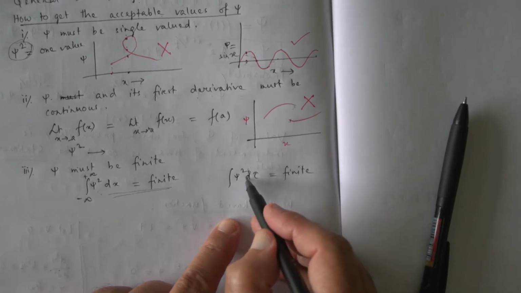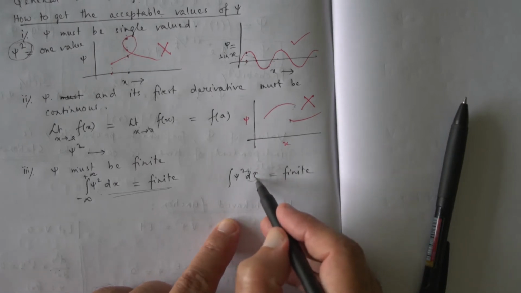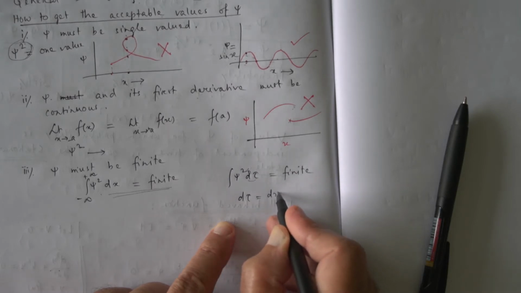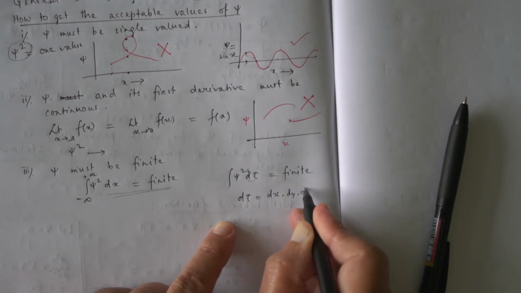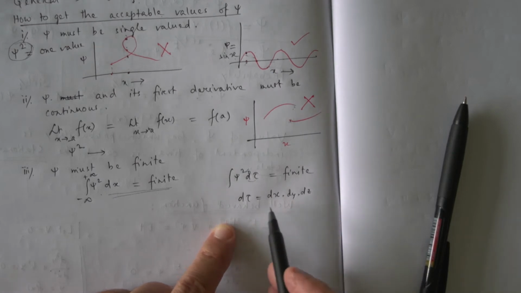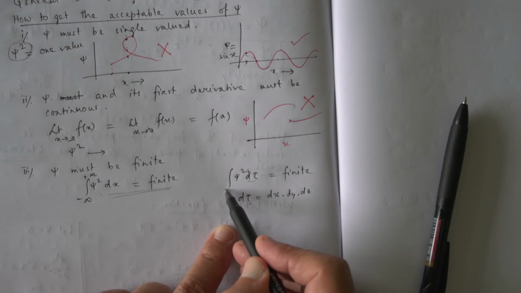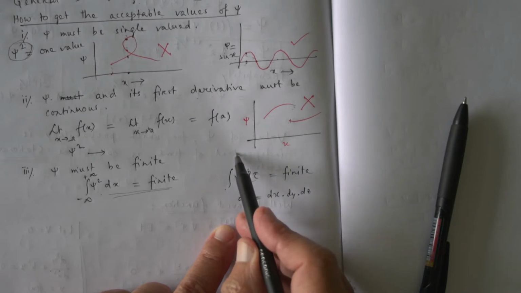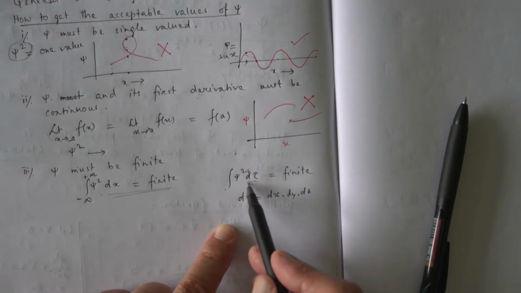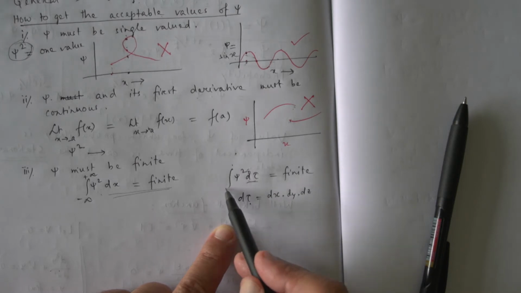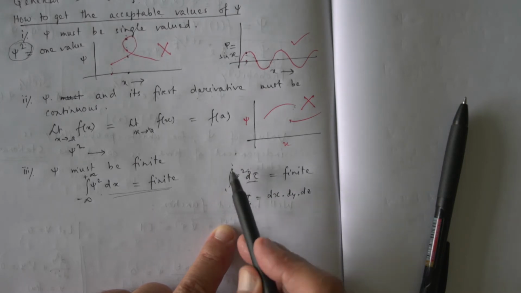What does d tau mean? d tau means dx into dy into dz. At the same time, d tau means the limit is from minus infinity to plus infinity. Therefore, when we write d tau, we would not write the limit because the limit is implied, minus infinity to plus infinity.